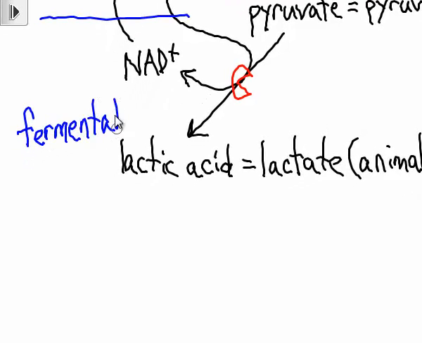And they don't use any oxygen. So sometimes they're referred to as anaerobic fermentation, meaning without air. And you could be more specific, like in animals you'd call it lactic acid fermentation, and in yeast it would be alcoholic fermentation. But as any general group, any of these reactions could be referred to as anaerobic fermentation.